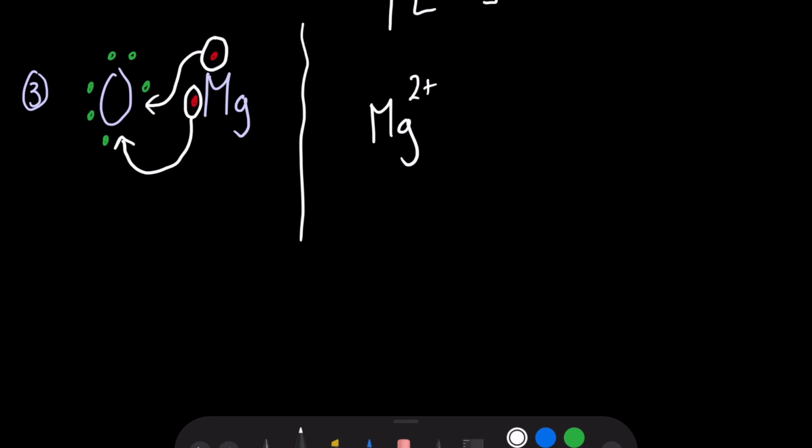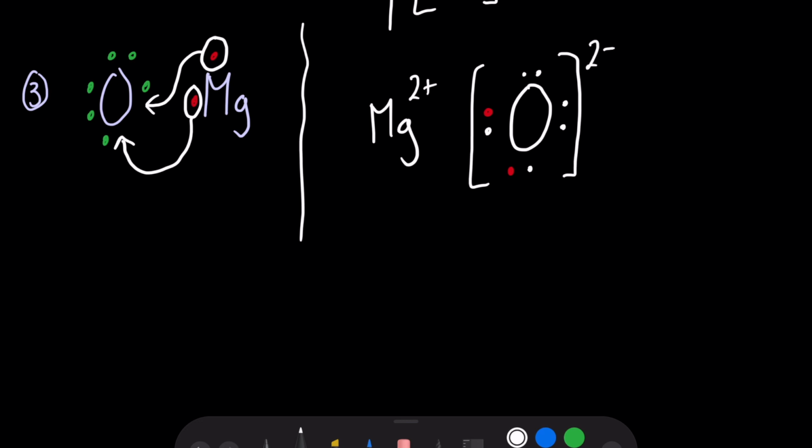And oxygen gained 2 electrons, so I will just write out our oxygen here, and keeping with our pattern, we will have 6 of its own electrons, but then it received 2 valence electrons from magnesium. So overall oxygen will now have a 2 negative charge.